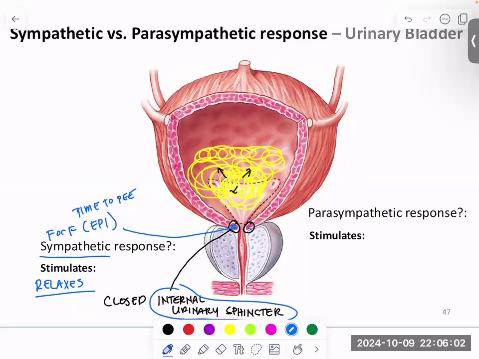The parasympathetic, rest and digest, is another counterintuitive one. Well, this one is acetylcholine. Acetylcholine is going to affect the muscles on the urinary bladder wall.